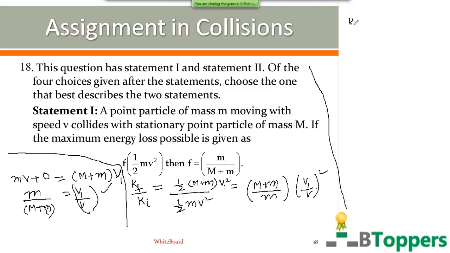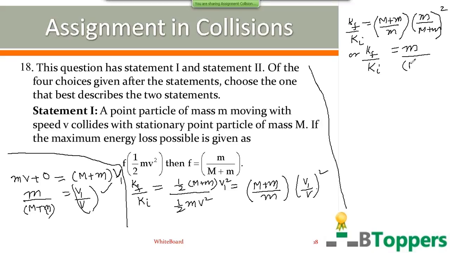So you get Kf by Ki equal to (capital M plus small m) by small m into small m by (capital M plus small m) whole square. So the ratio of the final kinetic energy to the initial kinetic energy, that is, the kinetic energy just after collision to the kinetic energy before collision, Kf by Ki, is equal to small m by capital M plus small m.